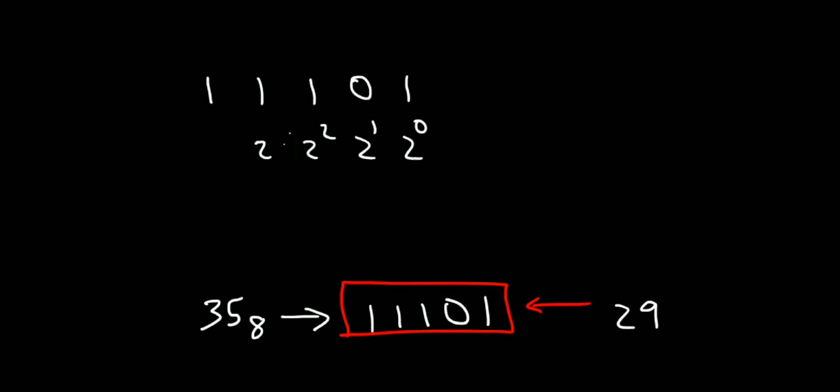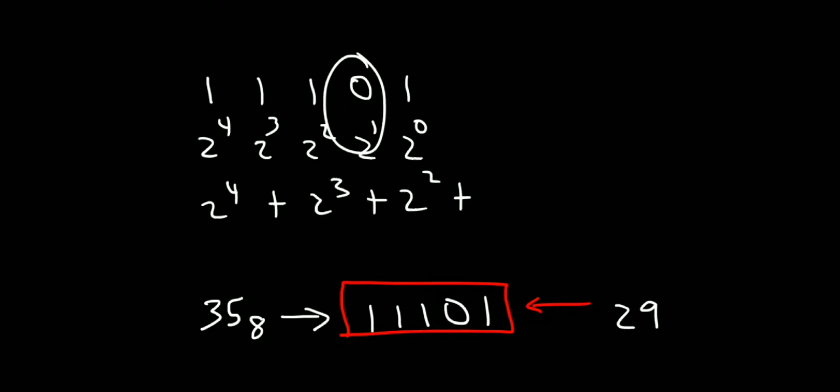This is binary, so we give the positional values 2 to the power 0, 2 to the power 1, and then we will evaluate it. 2 to the power 4, 3 and 2, and the leading 0 is not useful, and here 2 to the power 0 is 1. So evaluate it.